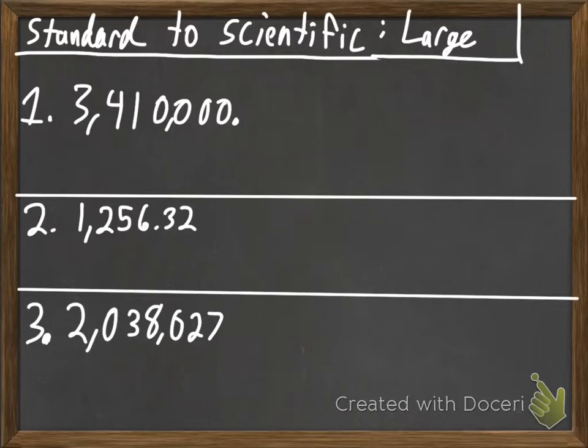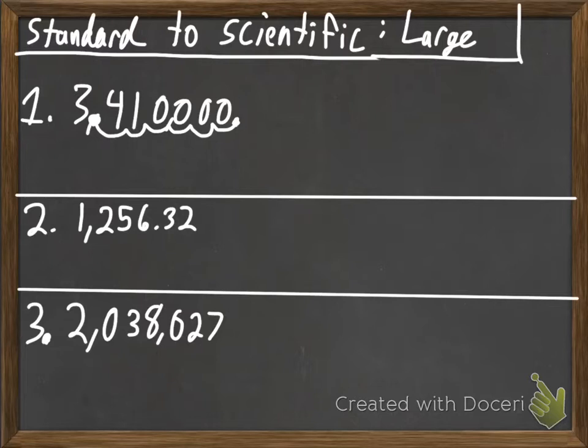Specifically for changing standard to scientific for large numbers, here's our decimal point. What we're going to do is move our decimal point until it's right after the first number that is not a 0, so that would be that 3.